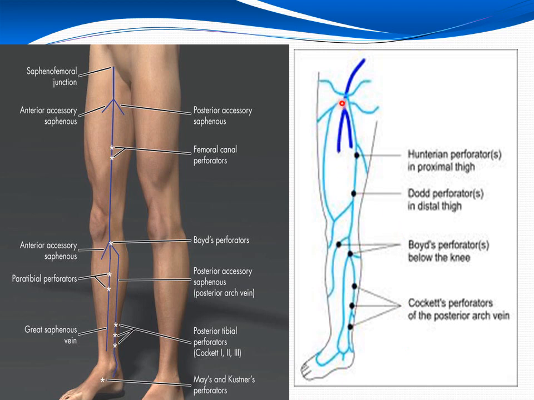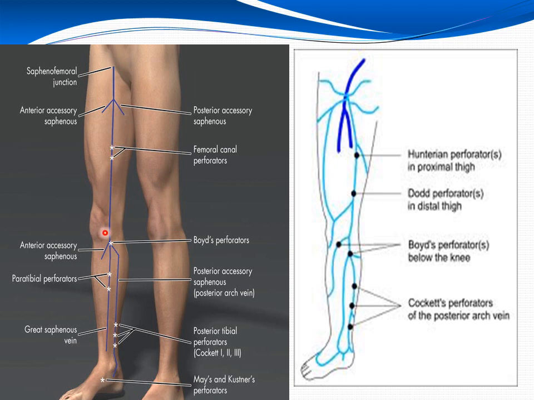So you can see here, this is the complete long saphenous vein. The great saphenous vein or the long saphenous vein consists of about 10 to 20 valves.